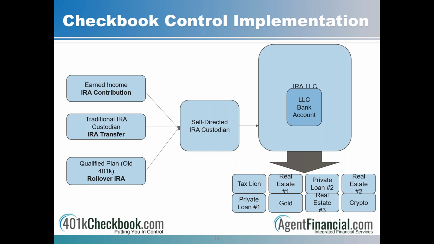More often than not, you'll be rolling over from a prior employer 401k. So there's creating the IRA, funding it, creating the checkbook IRA structure, getting that funded. Once that's done, you are positioned to invest: write that check, wire, ACH, whatever you've got to do to buy your rental property.